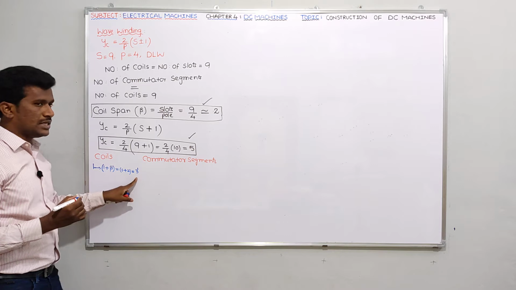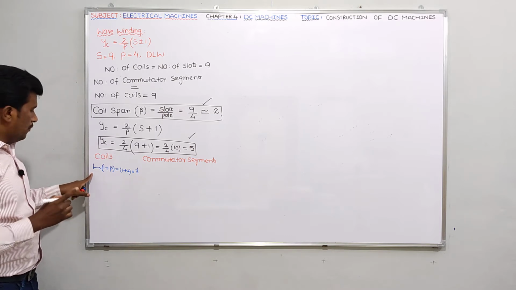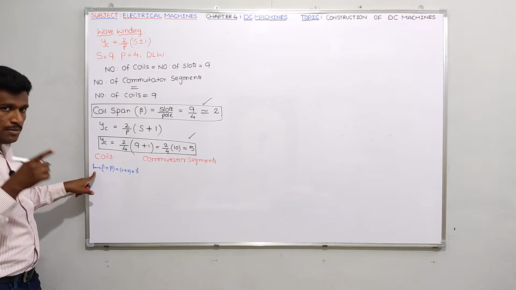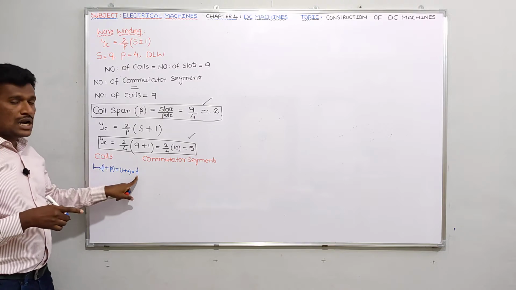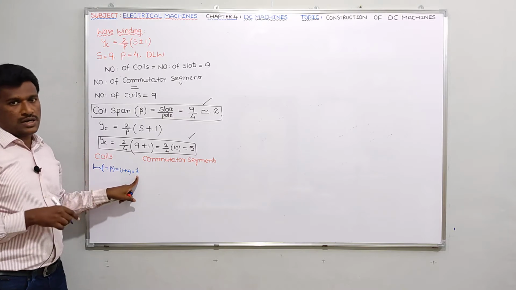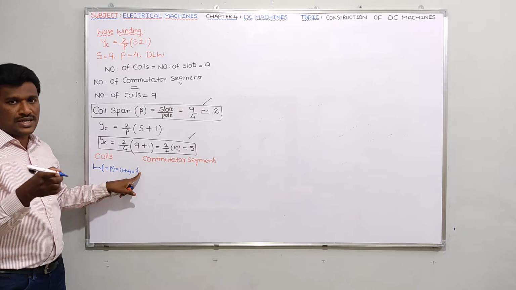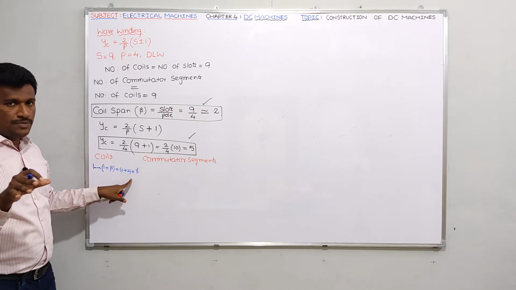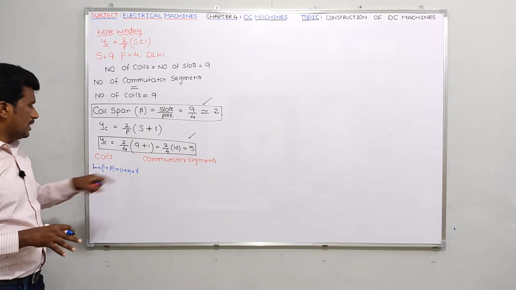Don't write 3, it's 3 dash, because I already told you in double layer winding, if a coil starts in slot number 1 from the top conductor to slot number 3 bottom conductor, the bottom conductors are represented with 1 dash, 2 dash, 3 dash, 4 dash, like that, whereas top conductors are represented with 1, 2, 3, 4, 5 and so on. Okay, so 1 to 3 dash.